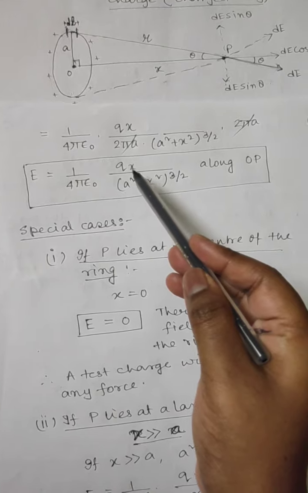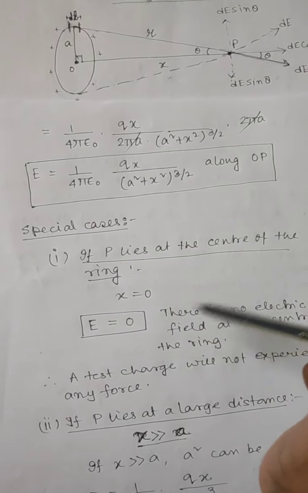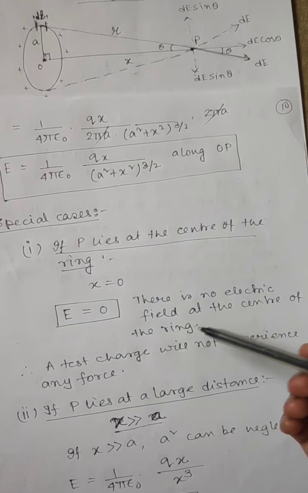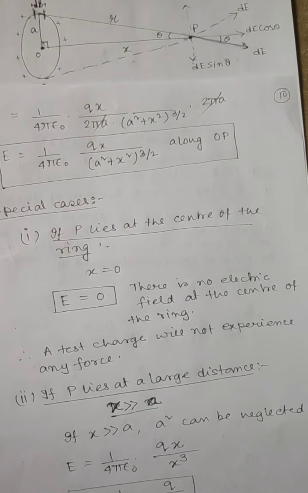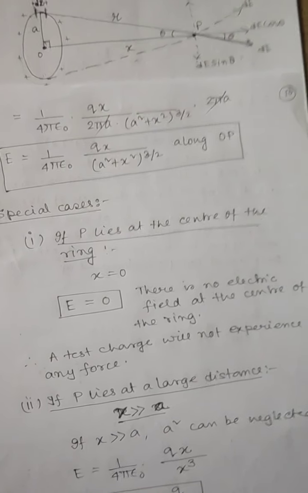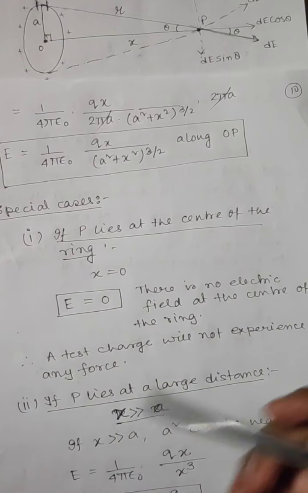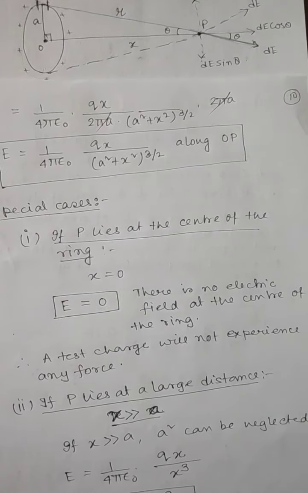Now if x equals 0 here, E will also be 0, that is there is no electric field. There is no electric field at the center of the ring. And if in any place there is no electric field and we put a test charge, it will not experience any force because there is no electric field at all. Therefore a test charge will not experience any force in the center of the ring.